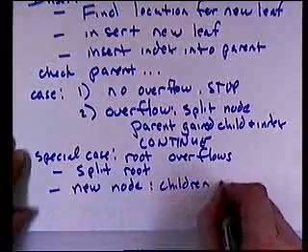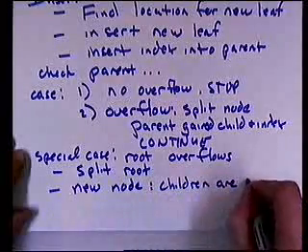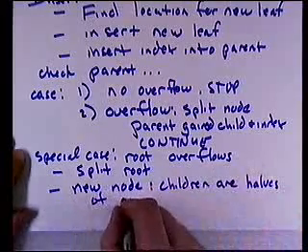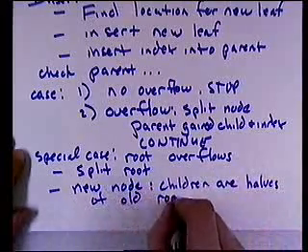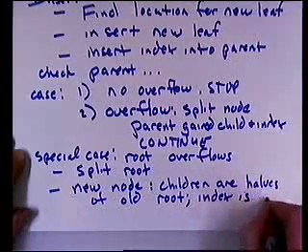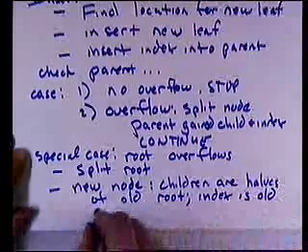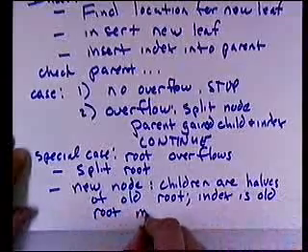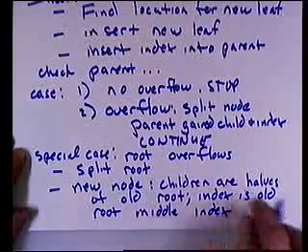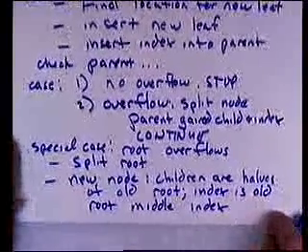The children are the halves of the old root. Index is old root middle index. And then that new node is, of course, the new root.